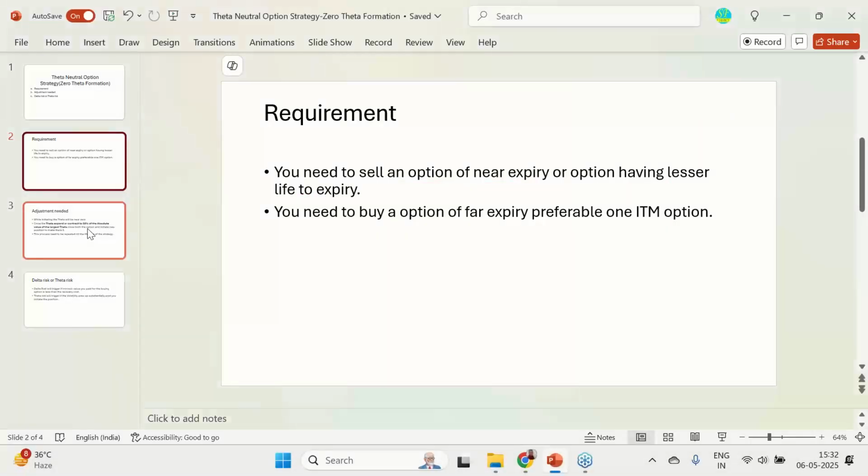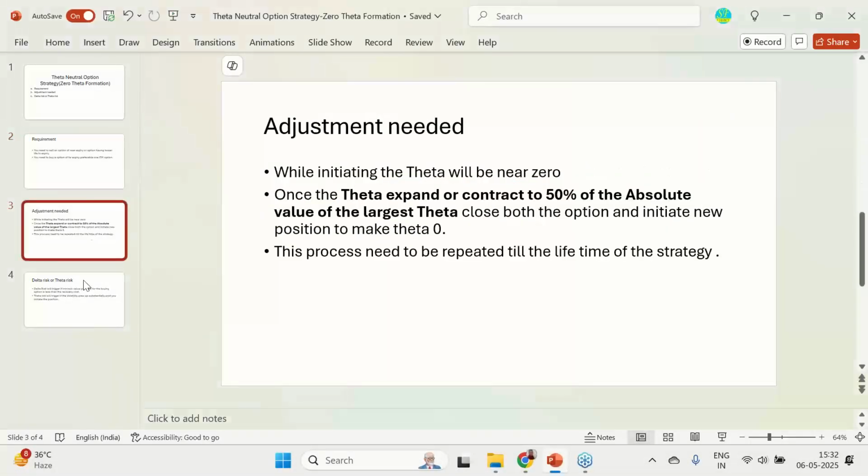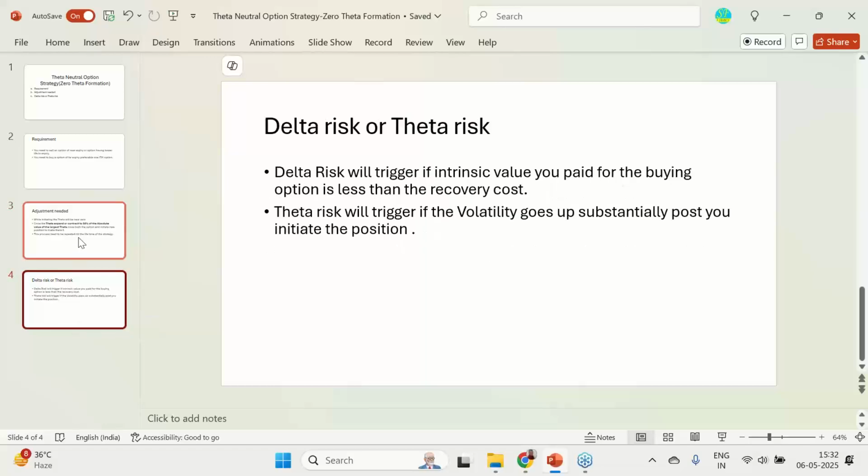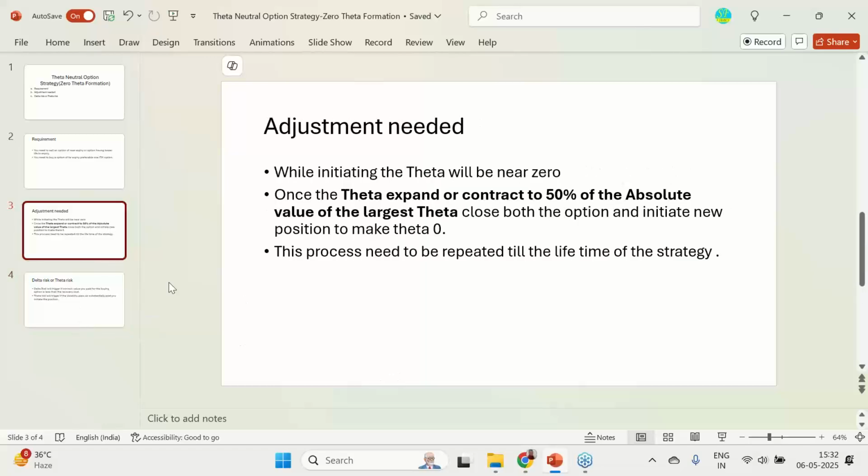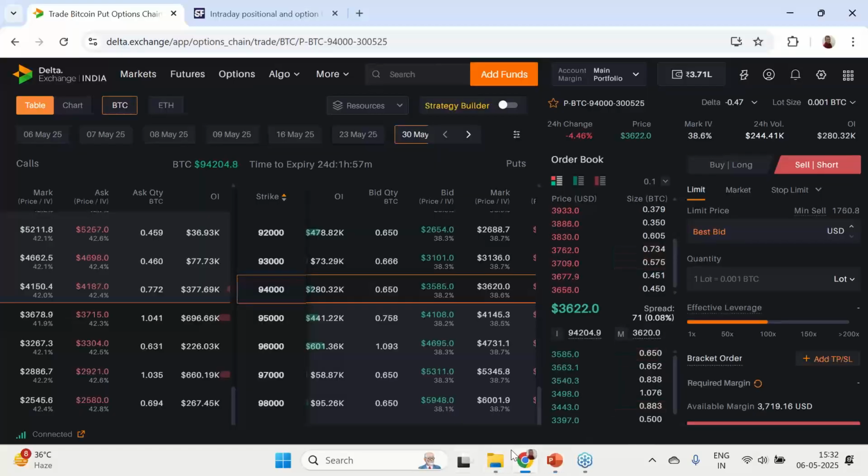With this requirement, we have to form an adjustment, and then I will be discussing delta risk and theta risk. So fine, I will go to the strategy. Normally a future has 0 theta theoretically. However, if the future has a premium, then the premium divided by the number of days till expiry is the theta of the future.